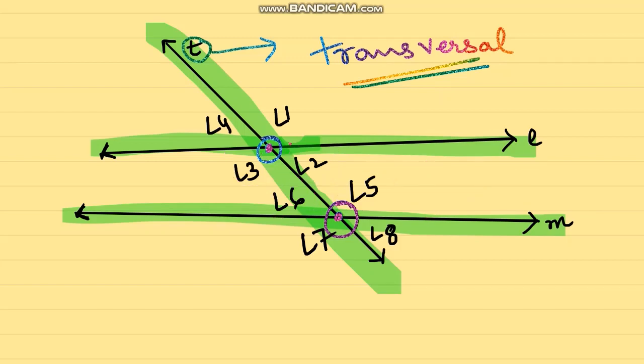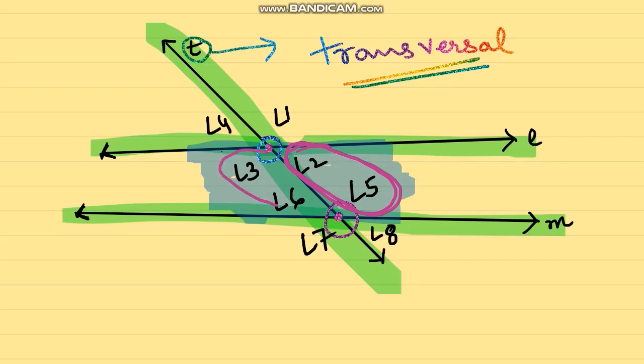Now, let me quickly tell you that part also. Now, see, angle 3, angle 2, angle 6 and angle 5. See, all these four angles are trapped inside these two lines. Now, if you take angle 2 and angle 5, they are called co-interior angles.